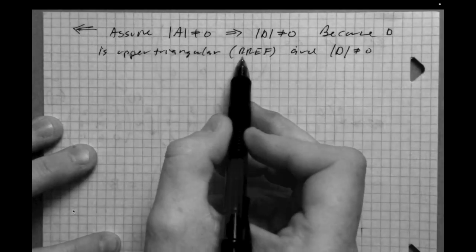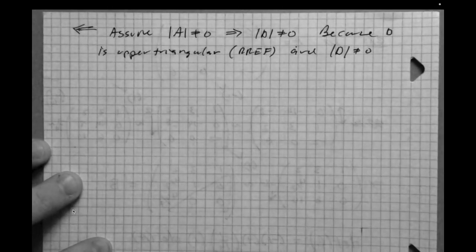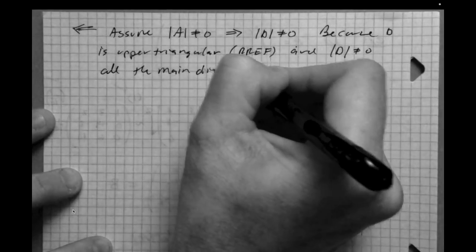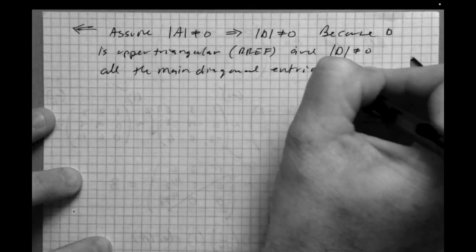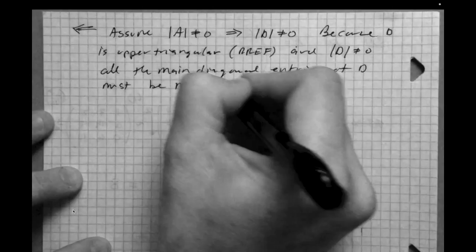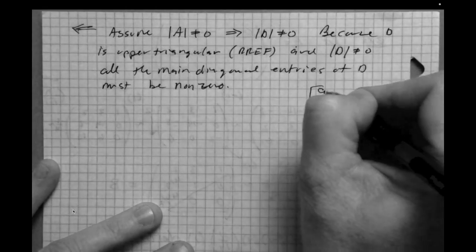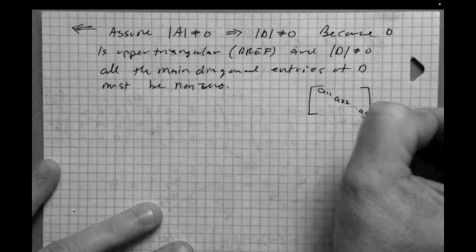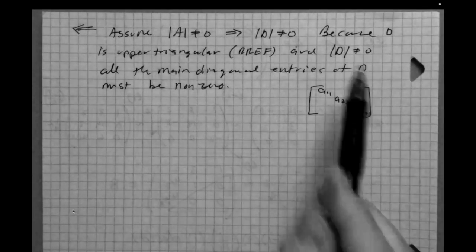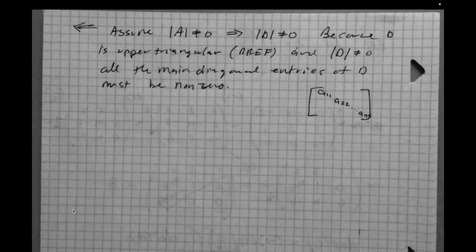Because D is upper triangular and has a non-zero determinant, all the main diagonal entries are non-zero. They must be non-zero. Now imagine I have some matrix with diagonal entries A11, A22, dot, dot, dot, ANN. If any one of those is 0, then the determinant is automatically 0, but we know that the determinant is non-zero. That means none of these can be 0.